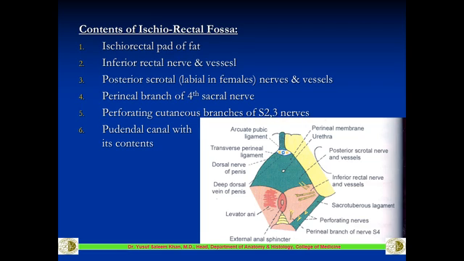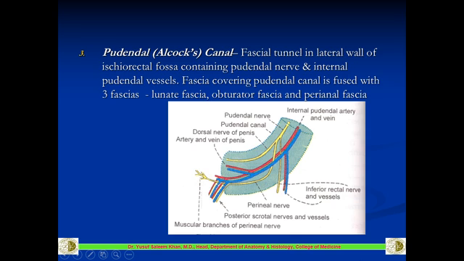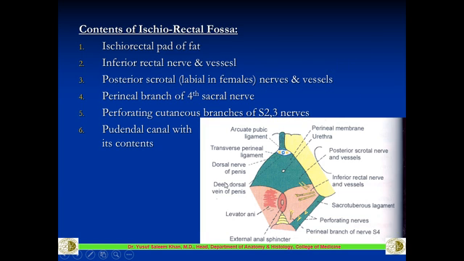Then apart from that, we can also see the perineal branch of the fourth sacral nerve. Here you can see the perineal nerve, which is coming again from the pudendal nerve, from the fourth sacral nerve. Apart from that, there are perforating cutaneous branches of S2 and S3.